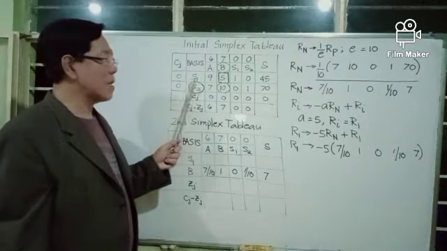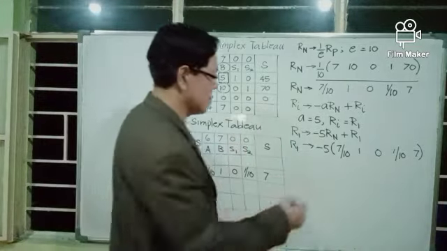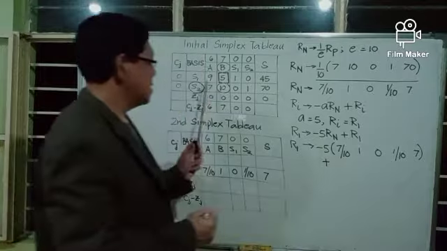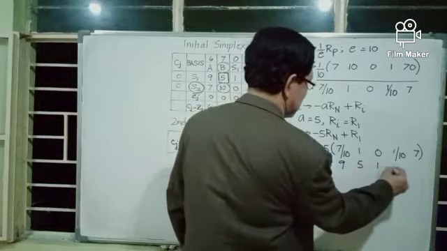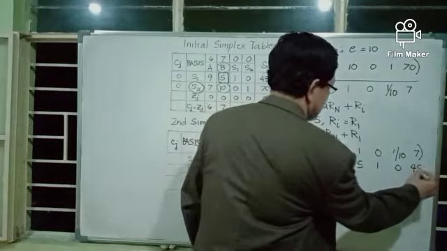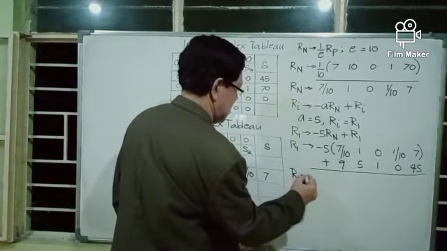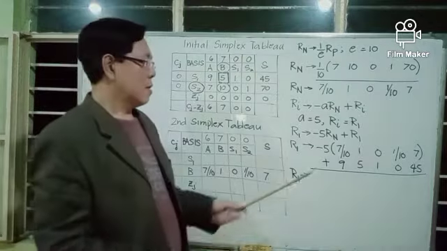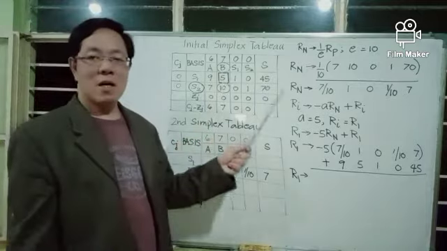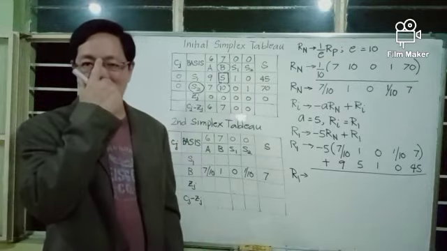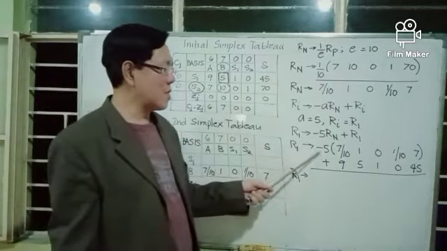The entries are 9, 5, 1, 0, 45. These are the entries of row 1, or R sub 1, whose entries are to be changed because we have to change 5 to 0. Now we perform these operations.